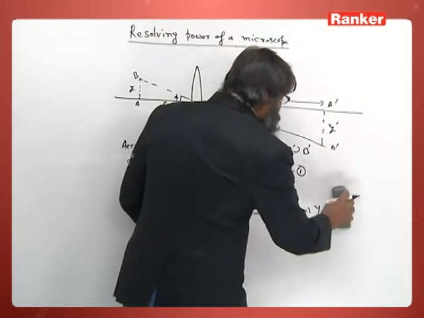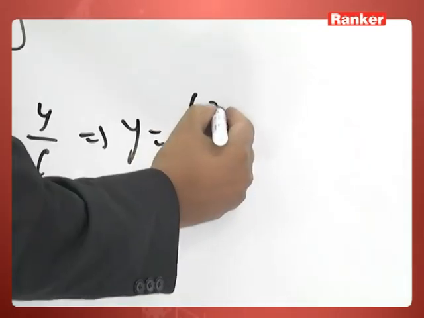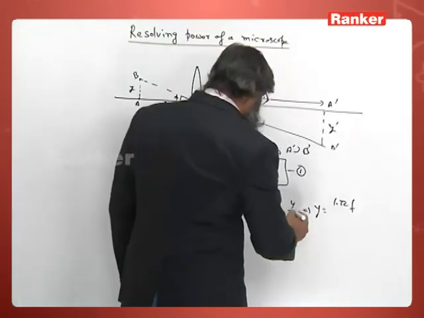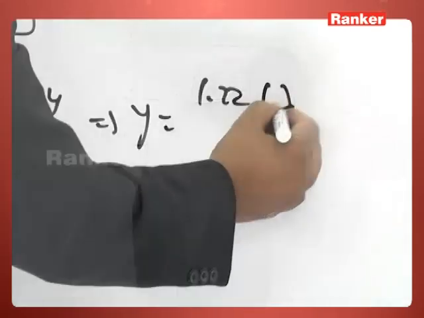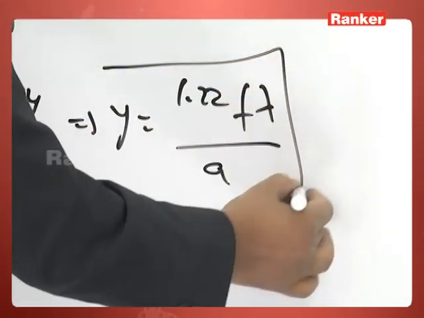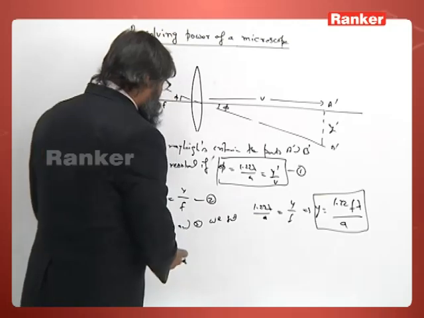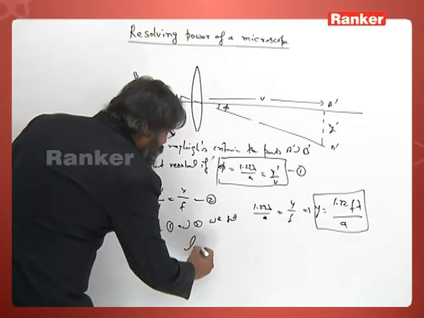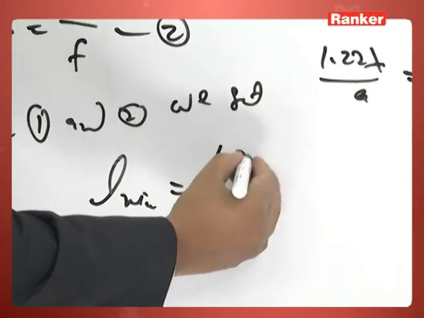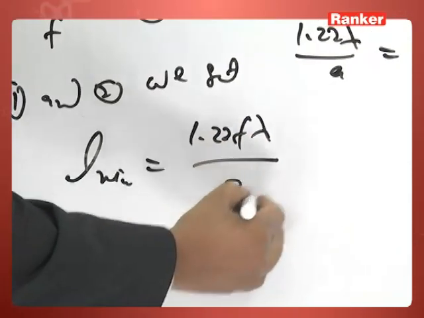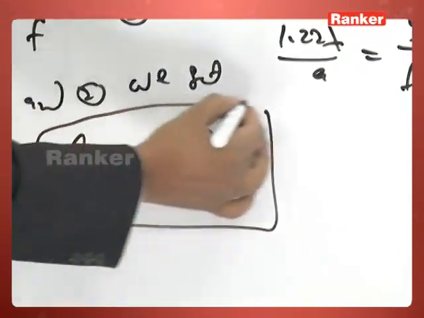This implies y is equal to 1.22 f lambda by A. What is y? Y is L min, the minimum distance that can be resolved by a microscope.